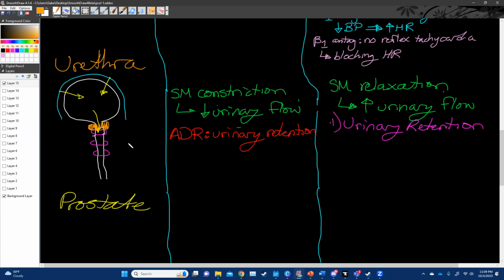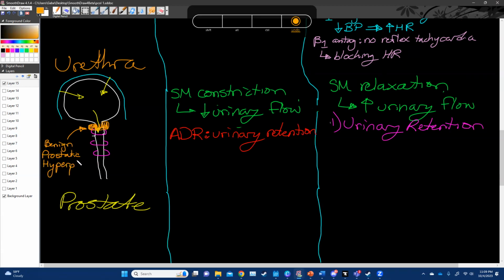And what happens is that people can develop something called benign prostatic hyperplasia, which is the swelling of the prostate. So the prostate tissue swells, which then causes the diameter of the urethra to shrink. And so in BPH, you get urinary retention.